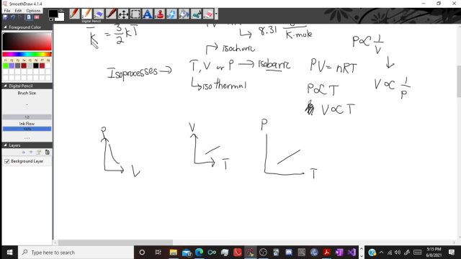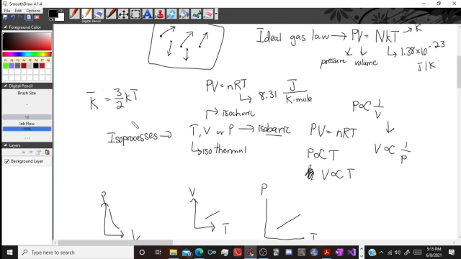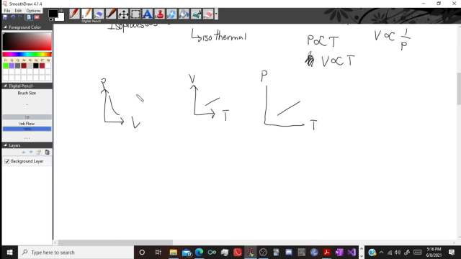Keep in mind that this is the average kinetic energy of a single gas particle. So if I have a container and a bunch of gas particles, you can get a rough estimate of the total thermal energy of the container.